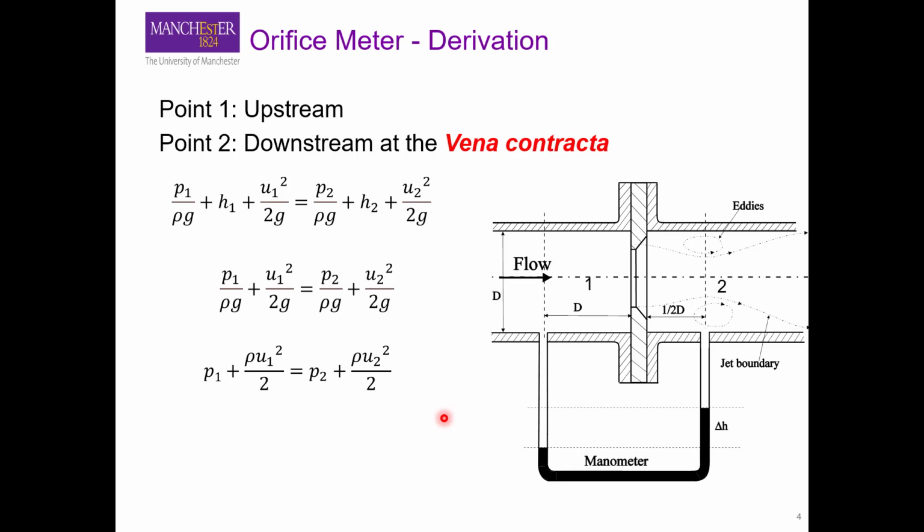From these 4 terms, we said that the density is constant, so we can multiply both sides with rho g, and we have this equation here, and then we can write this equation in the form of pressure difference. That is P1 minus P2 is equal to rho over 2 times (U2 squared minus U1 squared).